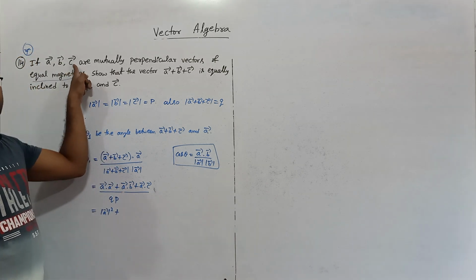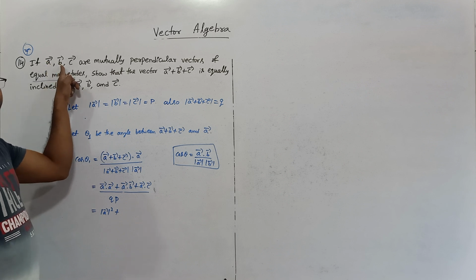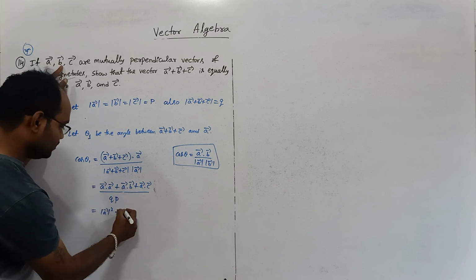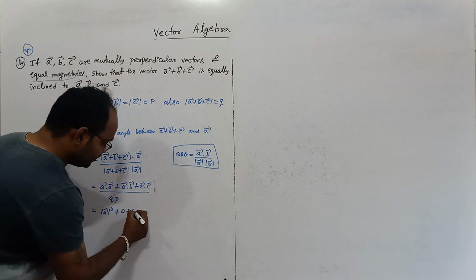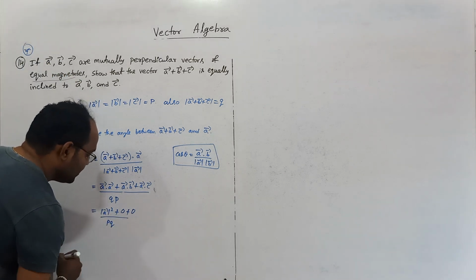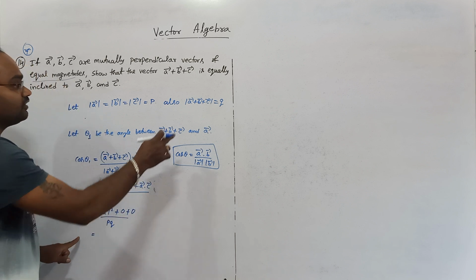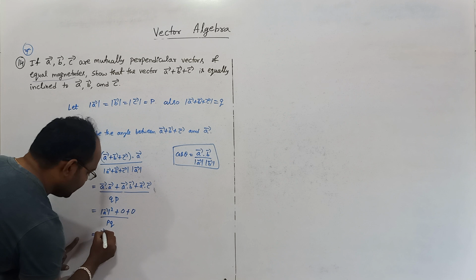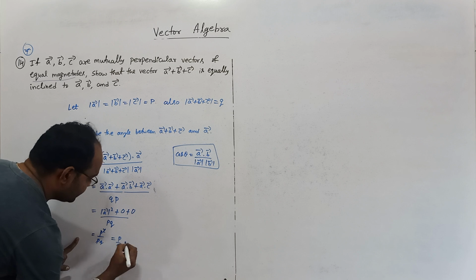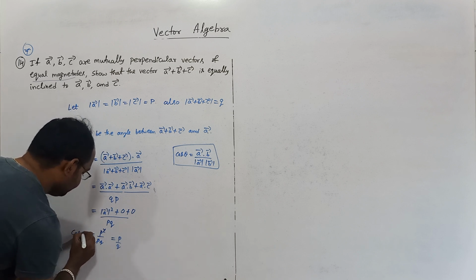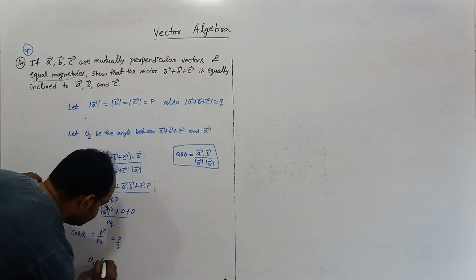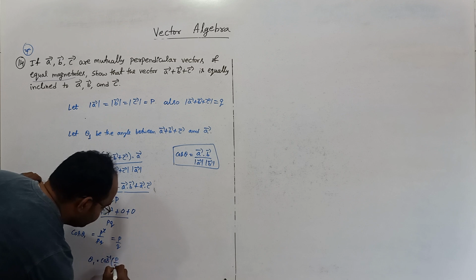A, B, C are mutually perpendicular, that is, A is perpendicular to B, B is perpendicular to C, C is perpendicular to A. So A dot B is 0 and A dot C is also 0 because A and C are also perpendicular. Divide by PQ. Magnitude A we took as P. So P square by PQ. P cancels, you will get P by Q. This is cos theta 1. So theta 1 will be cos inverse of P by Q.